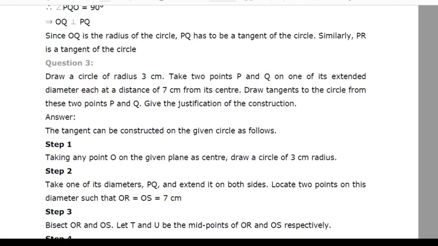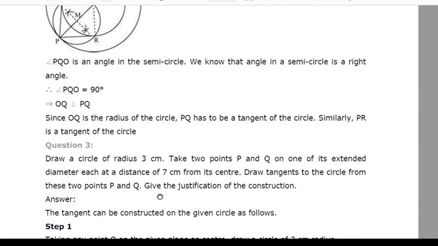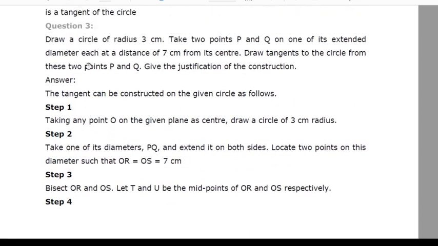Draw a circle of radius 3 cm. Take 2 points P and Q on one of its extended diameter, each at distance 7 cm from its center.